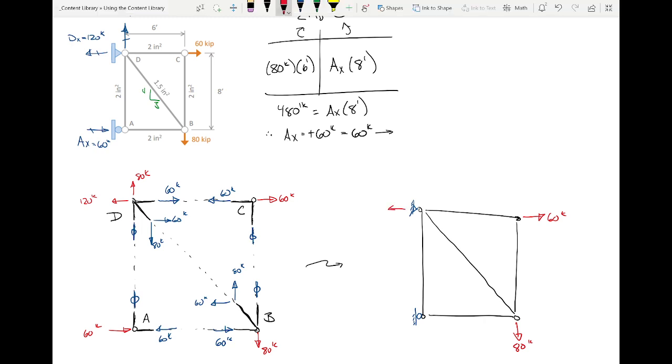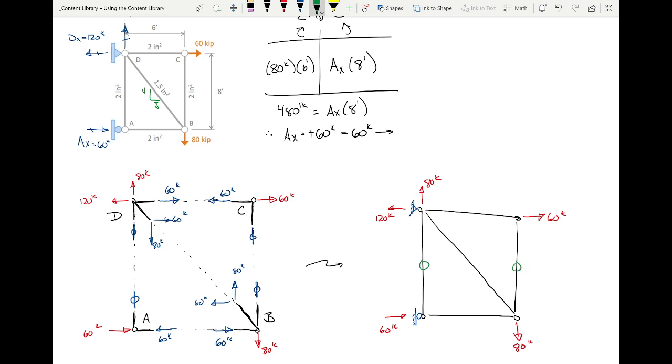Okay, so now let's just record our internal member forces. So what's going on with these two vertical members? 0, right? This is a 0 force member, 0 force member.